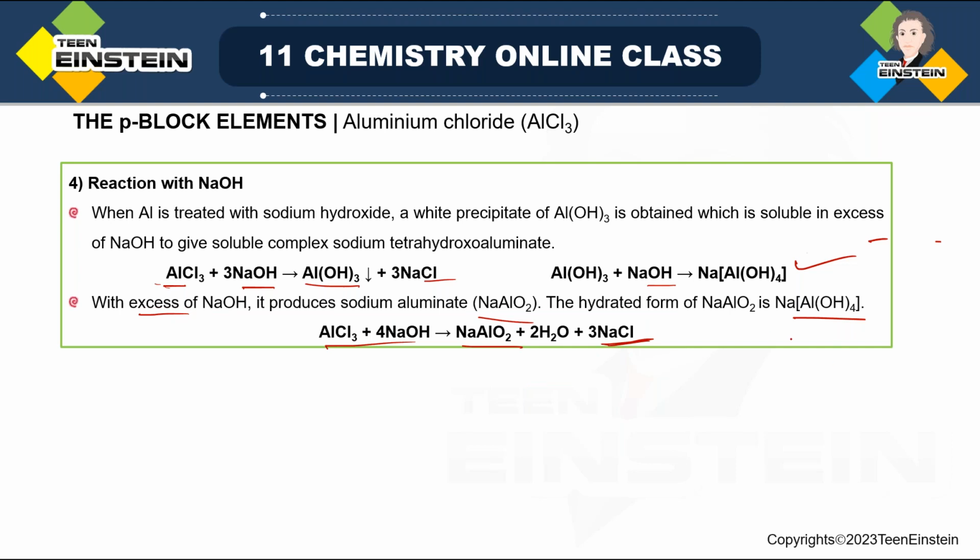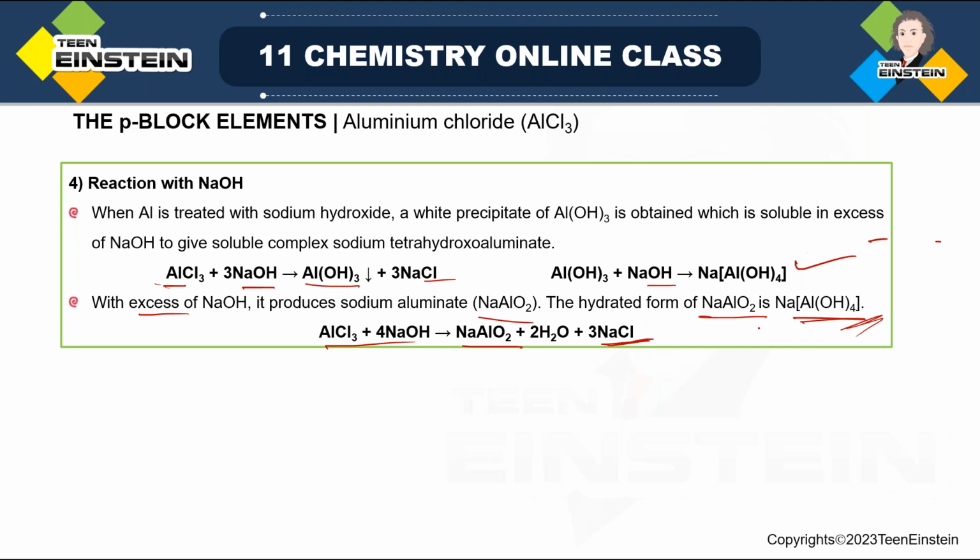And if you want to write the hydrated form, we have to write it this way, Na[Al(OH)4]. So whether I am writing NaAlO2 or Na[Al(OH)4], basically I am writing the same thing. It is just whether you are writing the hydrated form or the anhydrous form.